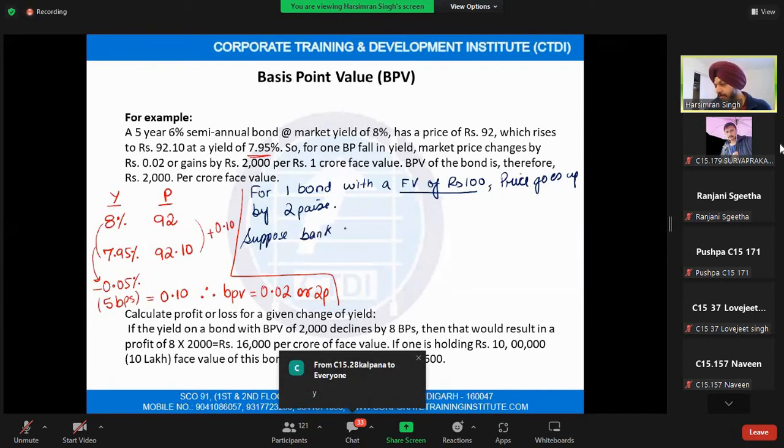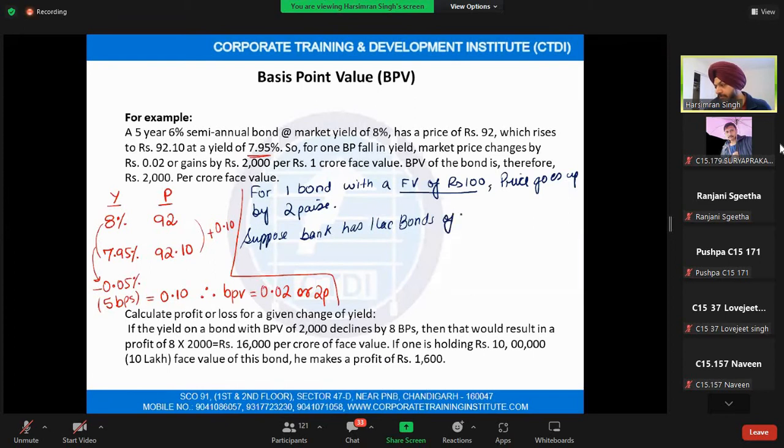So suppose the bank has 1 lakh bonds of face value 100. That means the face value of the portfolio is rupees 1 crore. Yes or no? Yes sir, the bank has invested 1 crore rupees in the bond.